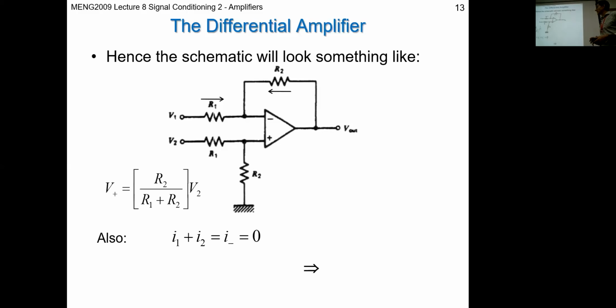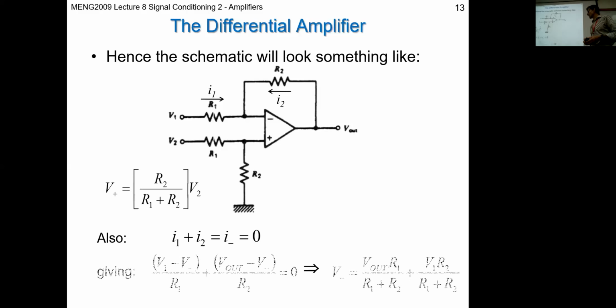So our stagnation currents tell us that the sum at the negative pole is going to be 0. If we can get an equation for I1 and an equation for I2, we can drop those in. We're not interested in the currents per se, we're just using that as a property, so we're going to substitute out the currents.